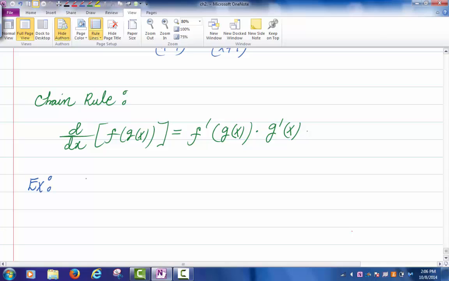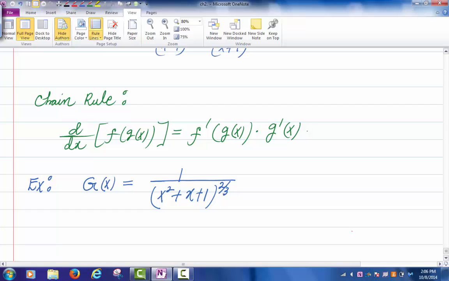So let's say I have the function g of x given by 1 over (x squared plus x plus 1) to the power 2/3.